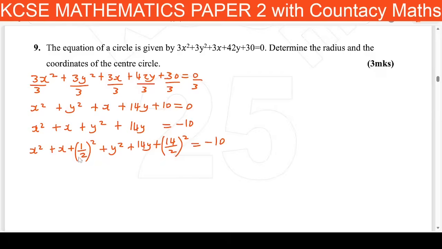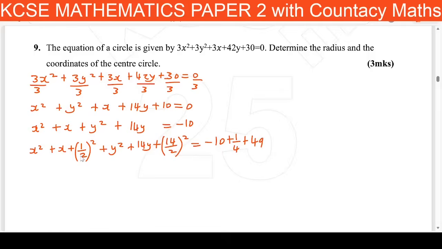Since we added here 1 over 2, which is squared, we also add that to the other side. Therefore, this will be plus. Actually, we can go ahead and simplify a half squared. That's going to give you 1 over 4. Also, we add what we've added here. This is 14 divided by 2, that's 7. 7 squared, that's going to give you 49, like that.